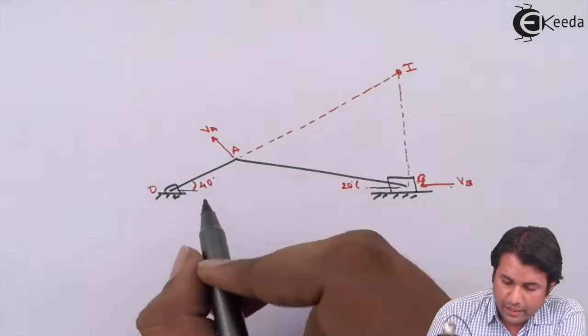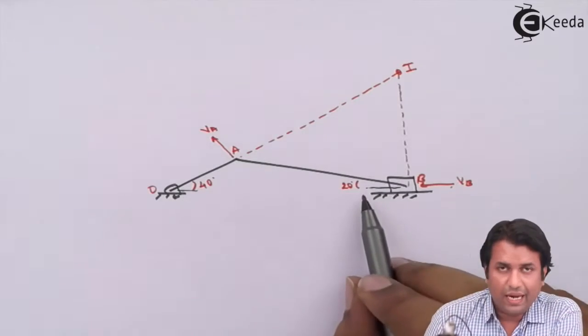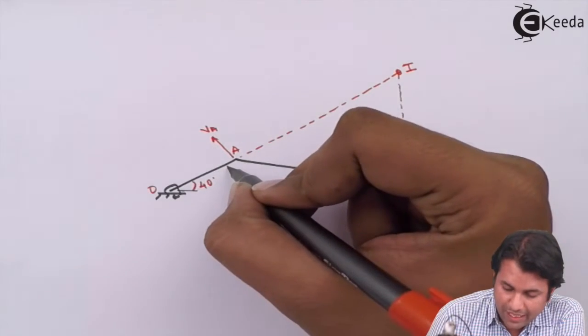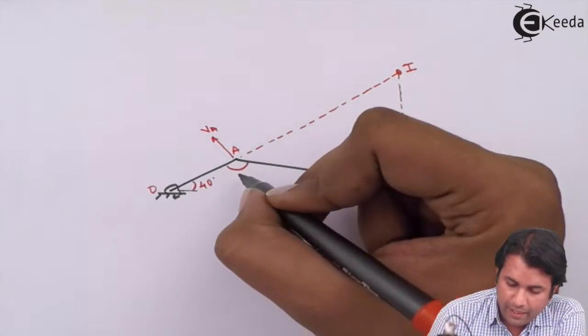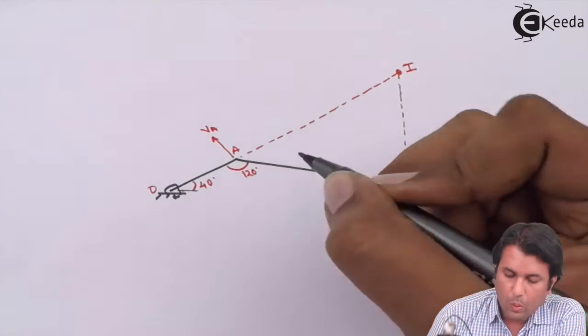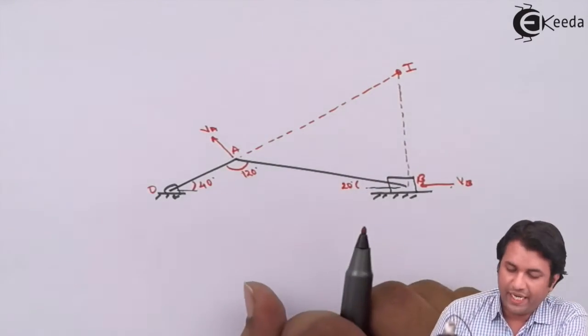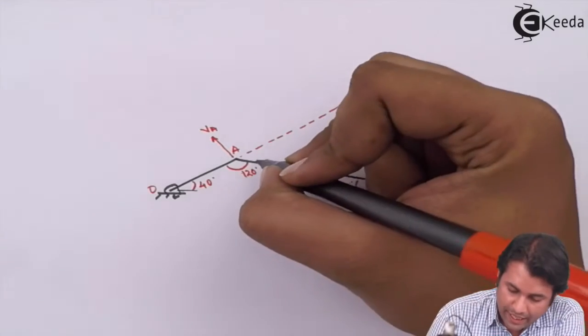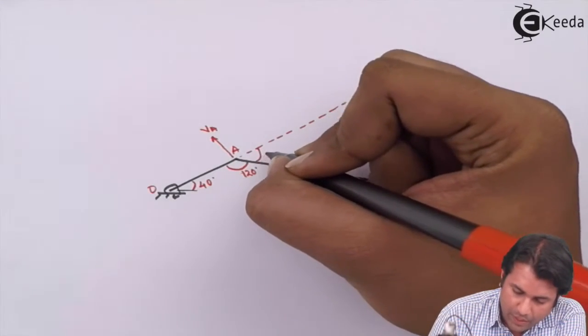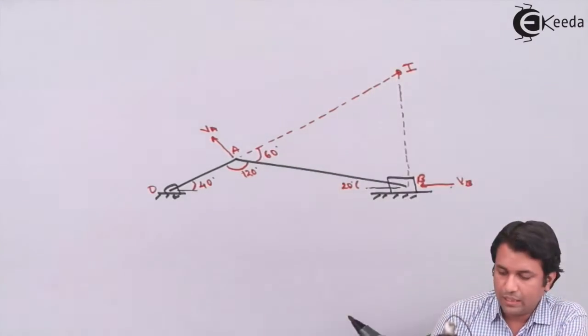This angle is 40, this angle happens to be 20, so this angle will be 120 degrees, since the inside angles of the triangle should add up to 180 degrees. Once I get this, I can say that this angle will be 60 degrees.